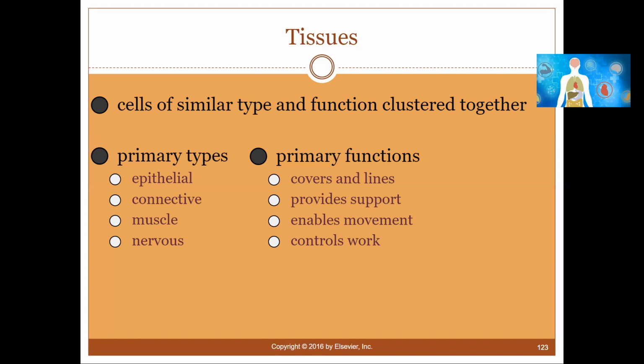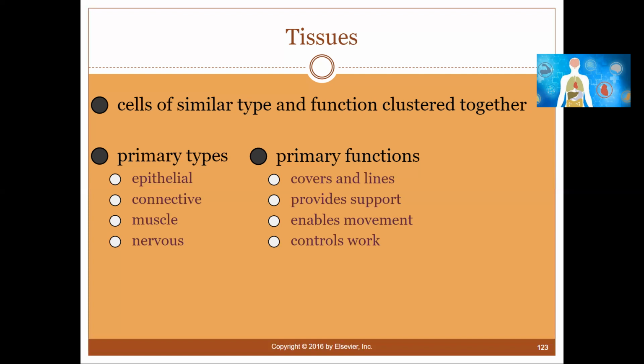A lining would be like the inside of your nasal cavity or the inside of your mouth, the lining of your digestive tract, the lining of your urinary tract, the lining of your reproductive tract, the lining of your blood vessels. If it's a tube in the body, it's got a lining. And that lining is made of epithelium.